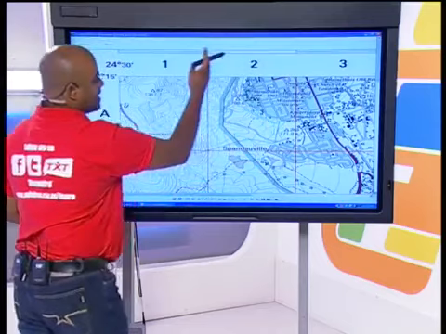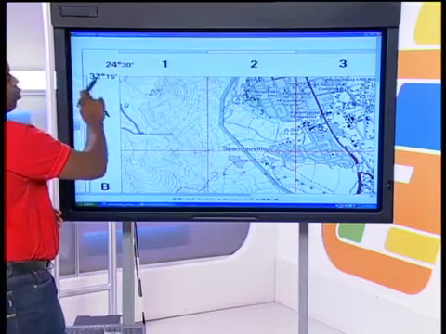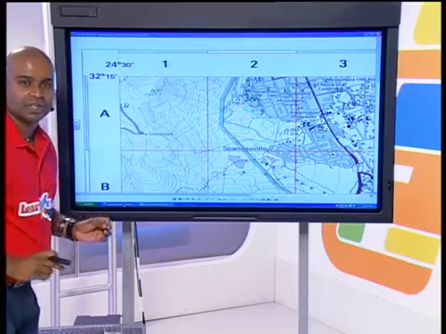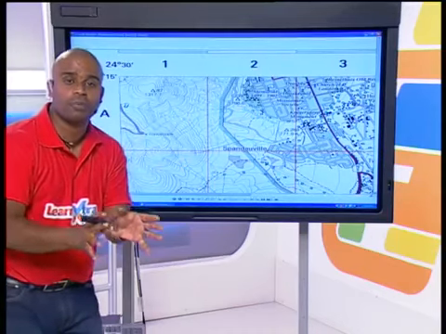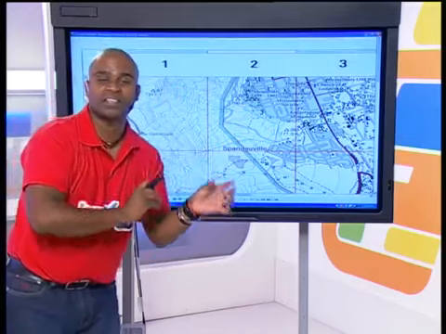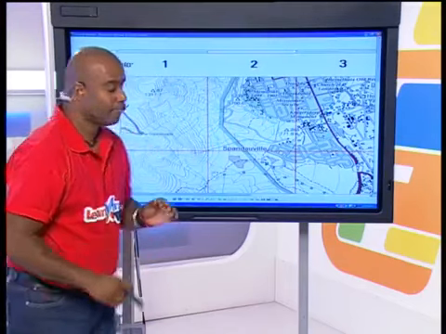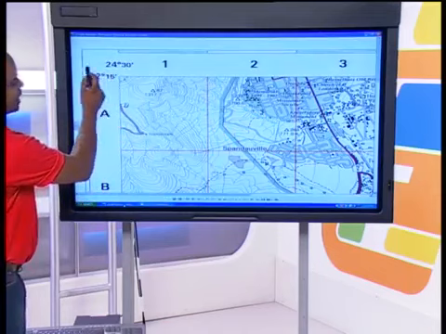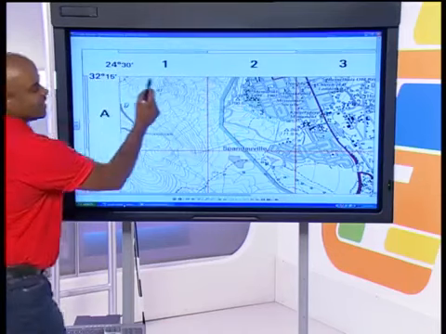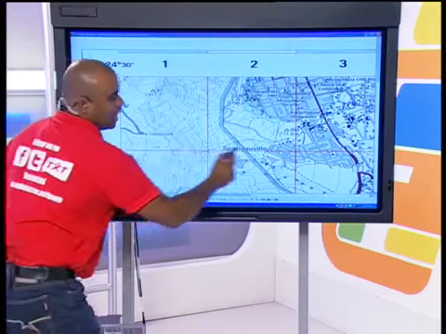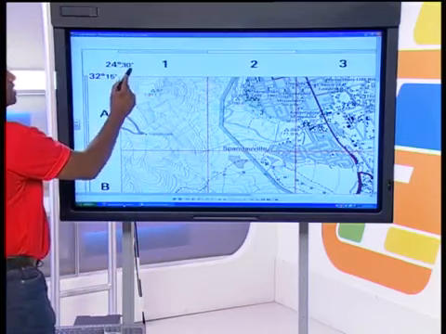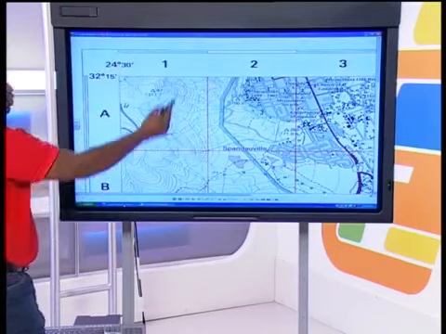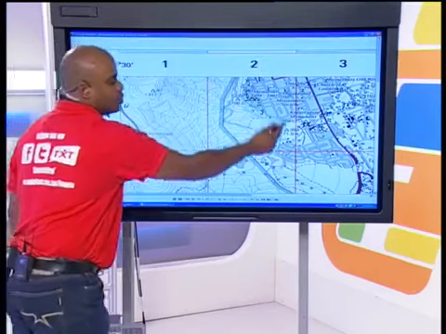Each grid has a specific value according to the marginal information. This information helps us better understand the location of a point in relation to the equator as well as the Greenwich meridian. Note, your 32 degrees 15 minutes is a line of latitude. It runs from east to west. Your 24 degrees 30 minutes is a line of longitude, and it runs from north to south.